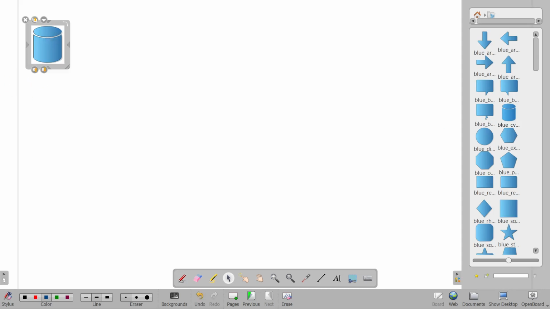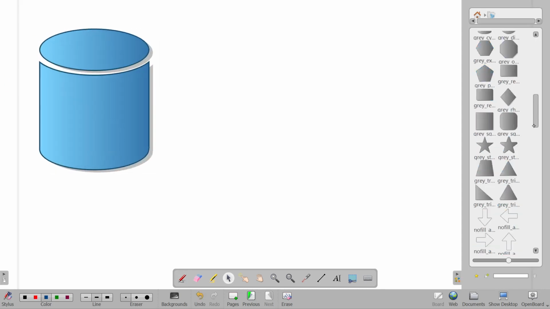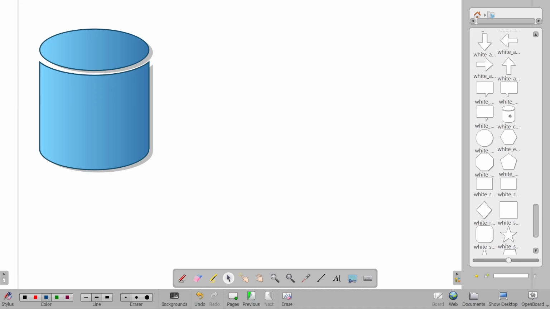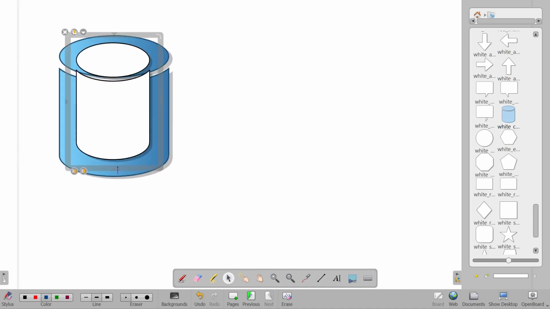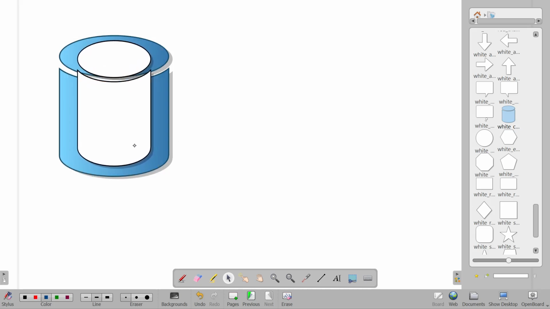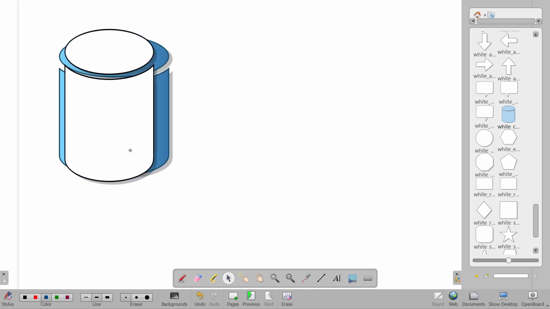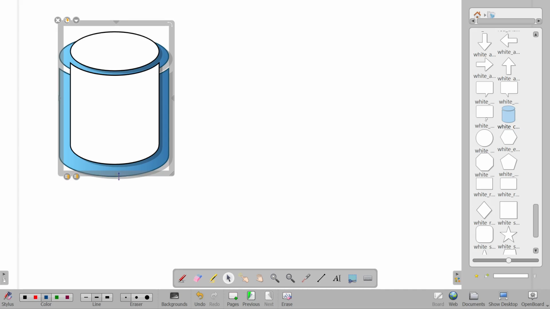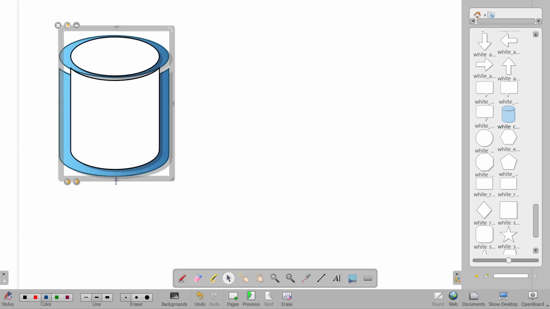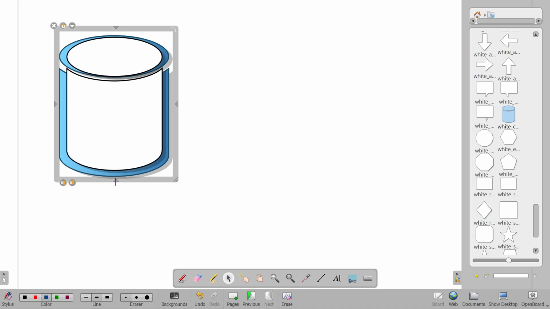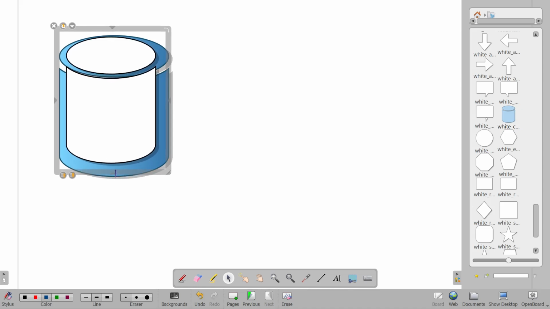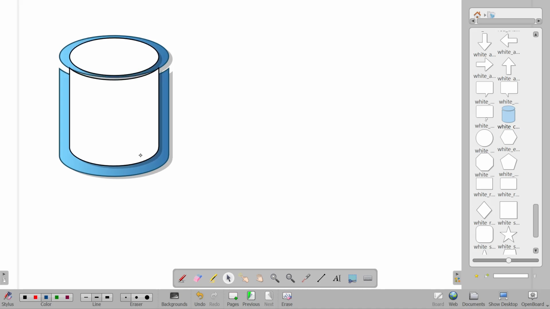Let's suppose, got the idea. So basically, I have a hollow cylinder, got it or not?